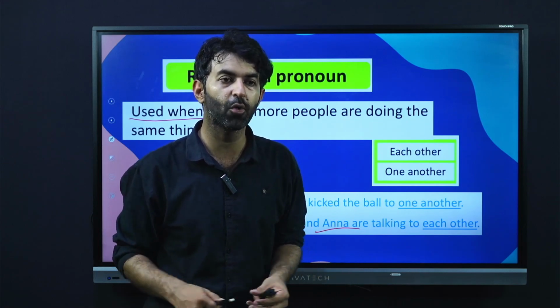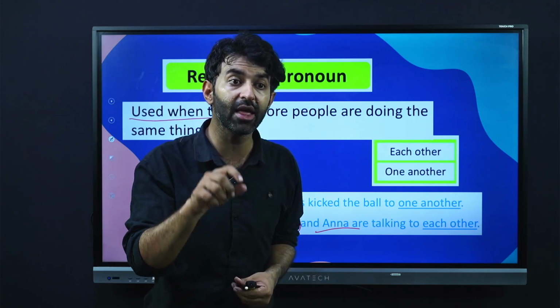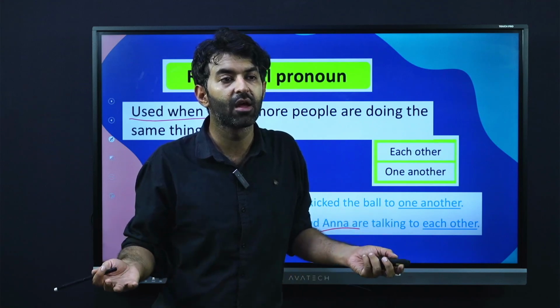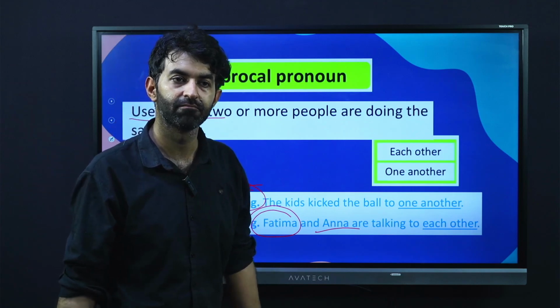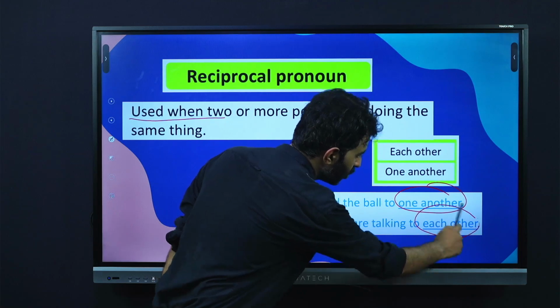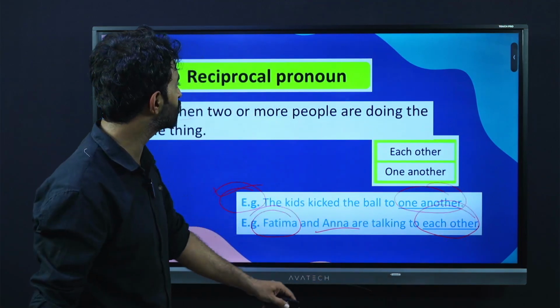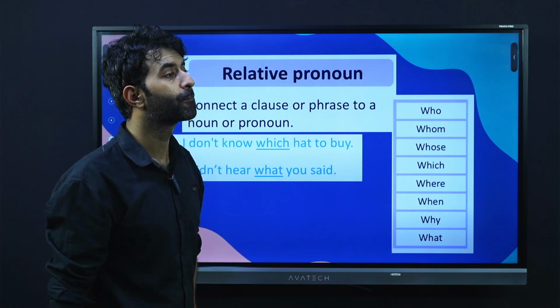Both of them are doing that action. They are equally involved in the action. This is how you use these reciprocal pronouns. There are just two of them. It's very easy to remember. Okay, is everything clear?